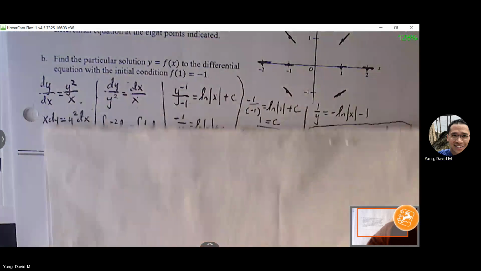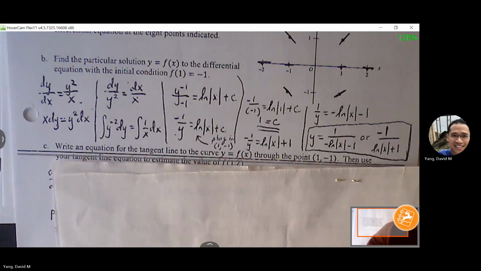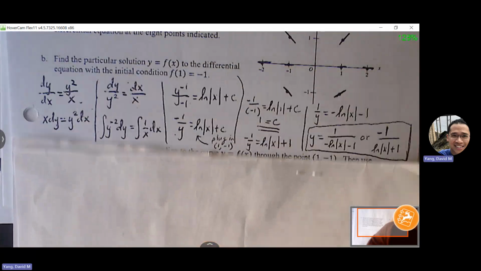Another exponential equation for number 7. Let's see if we can get through 7 and a little bit of 8.